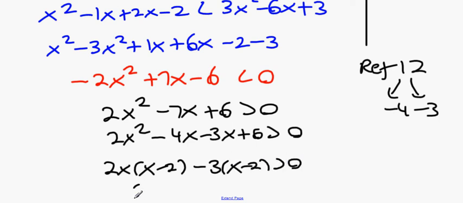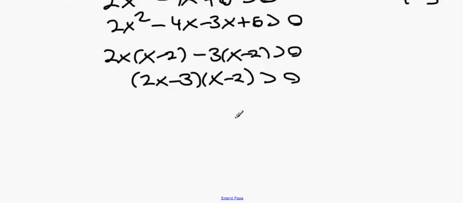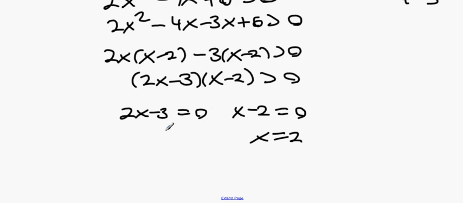And then what we get is 2x minus 3 times x minus 2 greater than 0. And then what we should get is x minus 2 equals 0, x equals 2. 2x minus 3 equals 0, 2x equals 3, x equals 3 over 2. So 3 over 2 and 2 is where it crosses over.